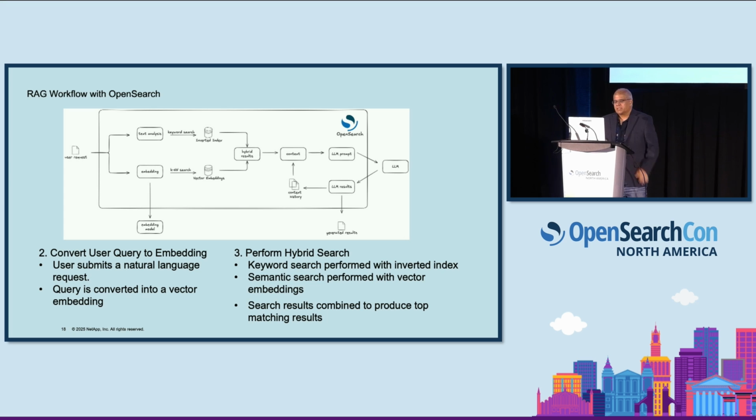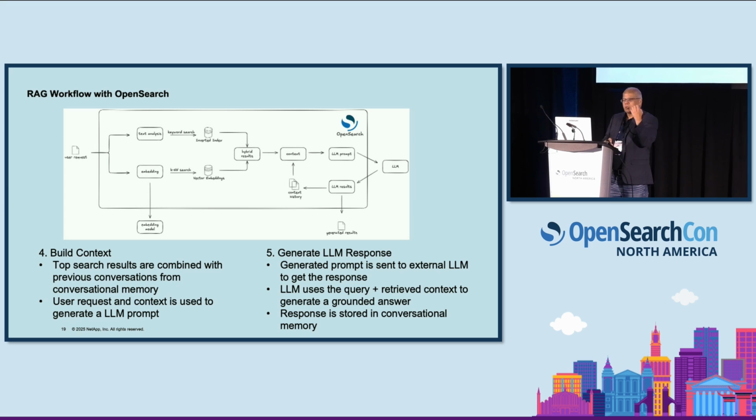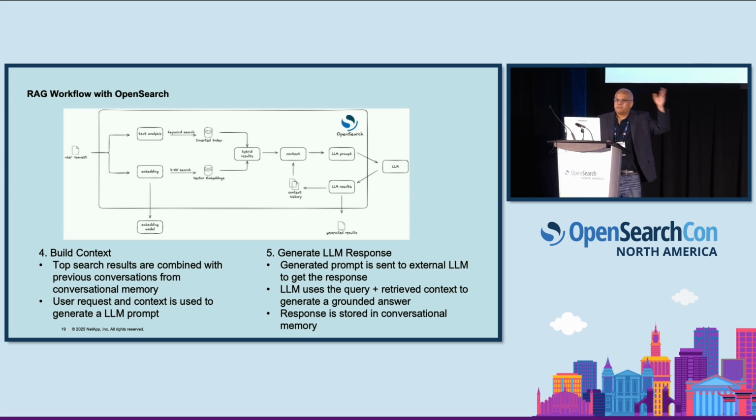And that result is provided to the LLM. So with that result, we build the context. And what is the context? Context is the most relevant combined results of both the inverted index and vector embeddings, and the previous conversation.